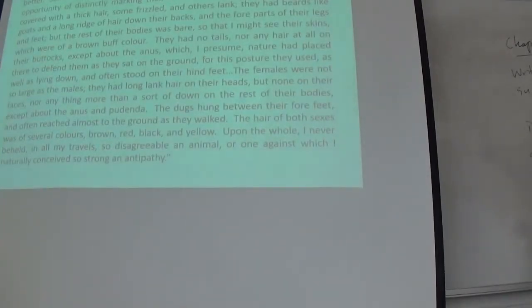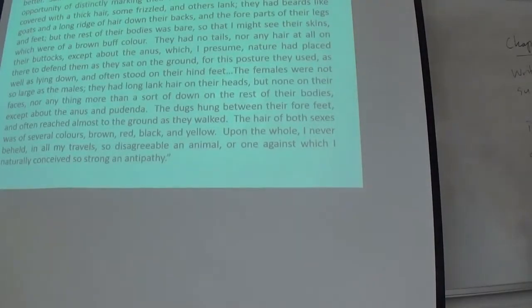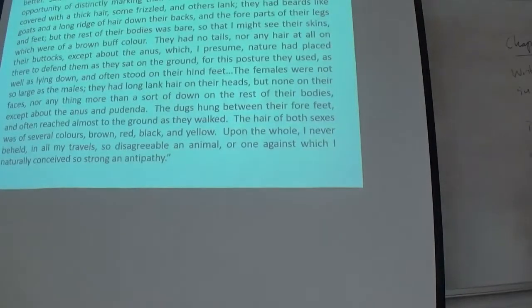If you are familiar with this particular block of text and you already know the answer, then don't say anything. Don't spoil it for anybody else. Just read this and tell me what animal you think this describes and why.